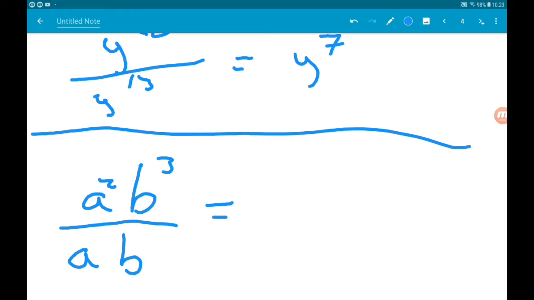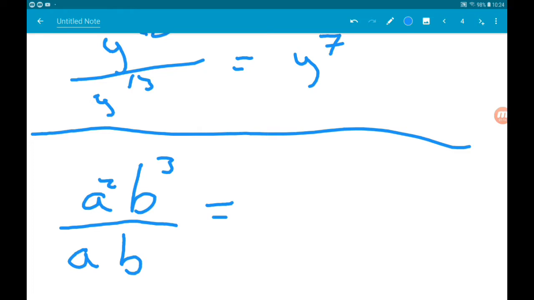Going across on the top, we start with the a term, so we have a squared. On the bottom, we have a, so that means a to the power 1. So we can do a squared divided by a to the power 1.